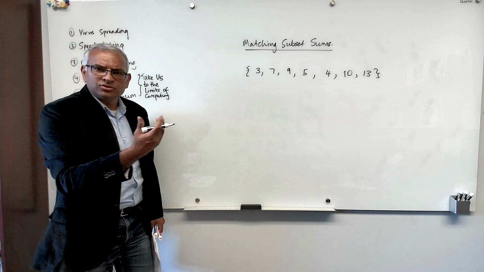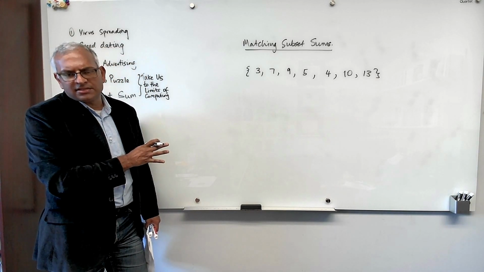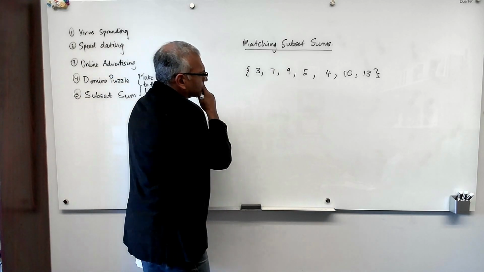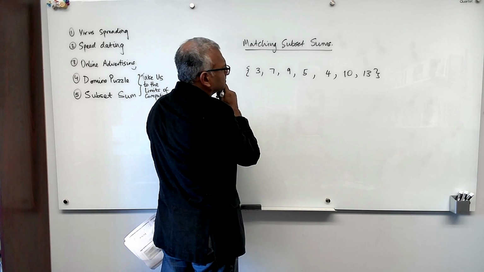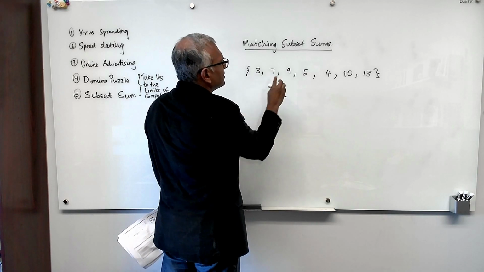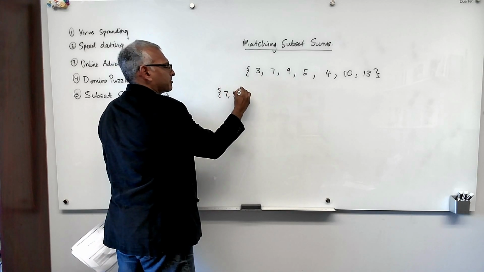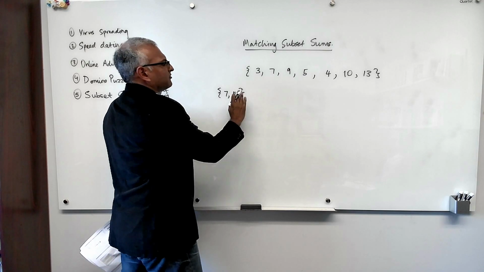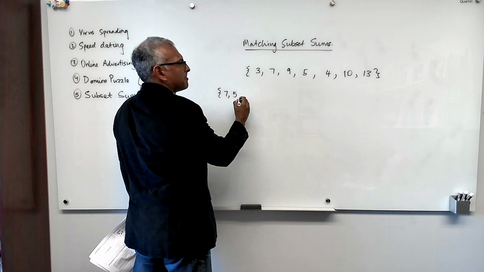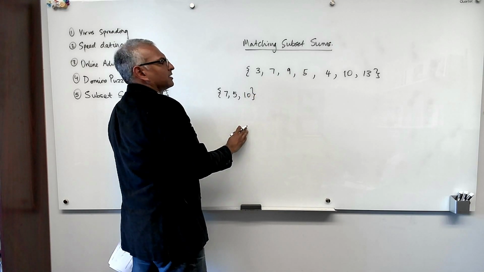Now I'm allowed to take a group of numbers and form a second subset. So let me take a group of numbers which are going to be 7 and 5. And let me take another, 7, 5, 10.